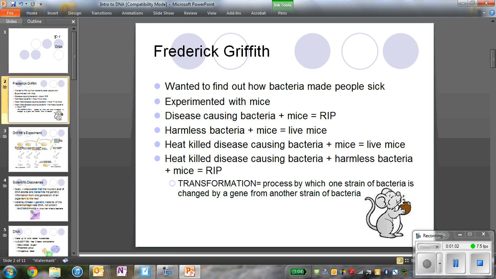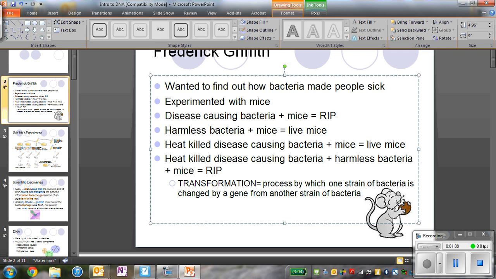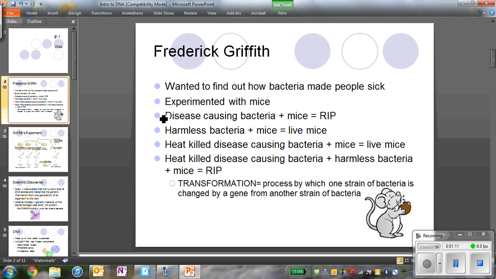So what he was doing was taking disease-causing pneumonia and harmless bacteria, which didn't cause disease, and injecting those into mice. The disease-causing bacteria ultimately killed the mice, but the harmless bacteria didn't.